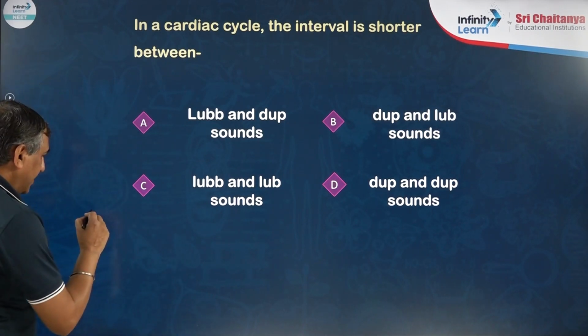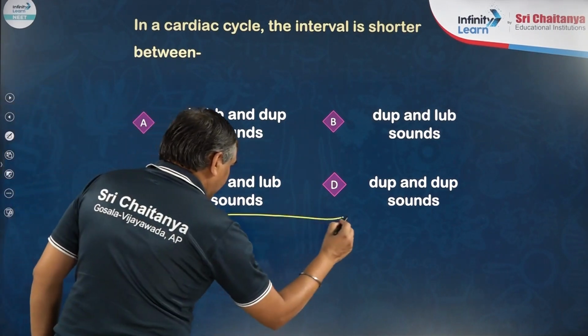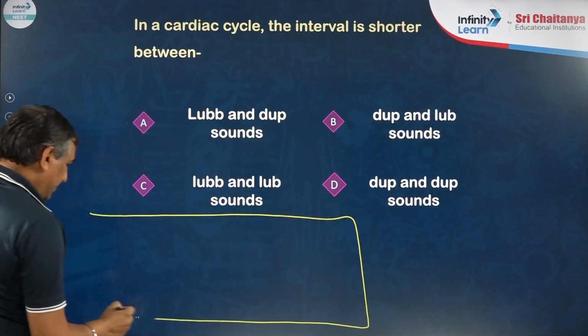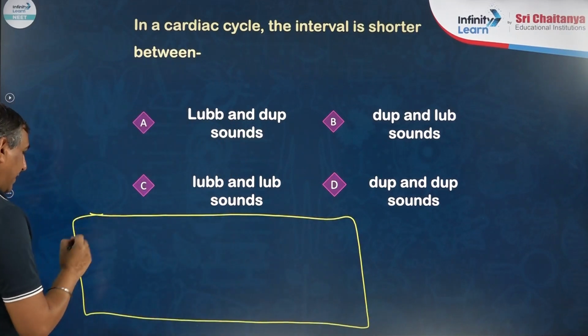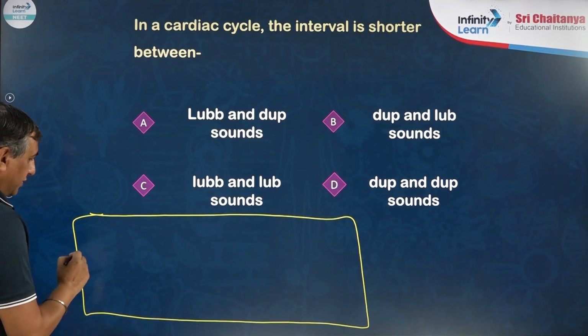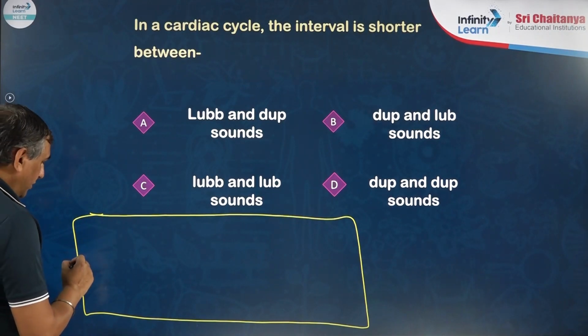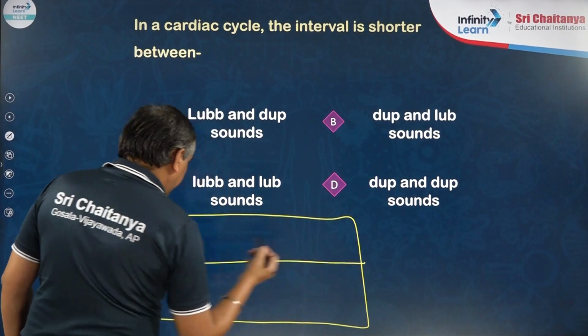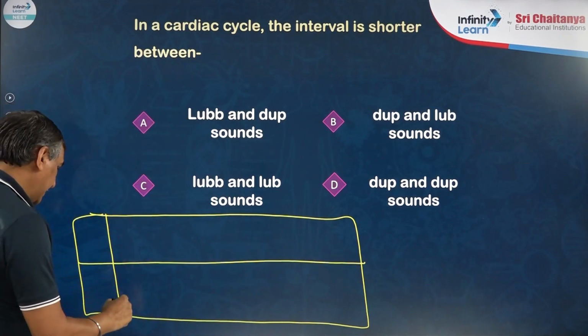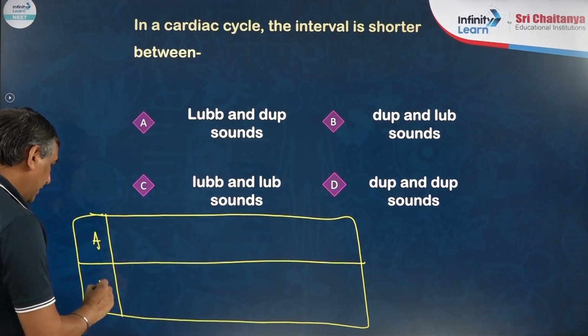Please see towards the board, because it is the base. I am going to explain in a very simple way. Try to get the point. Here there are two chambers of the heart, one is the atria, one is the ventricle.